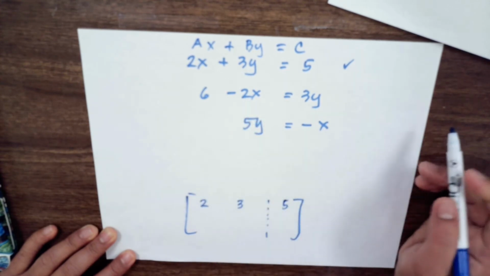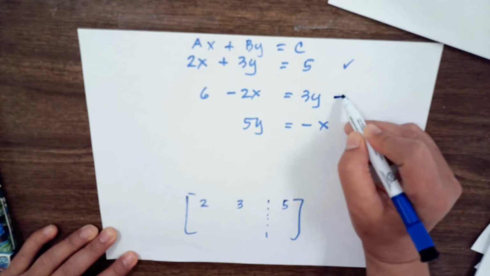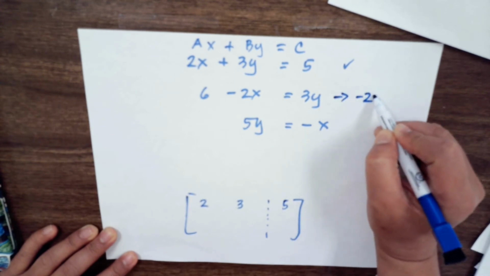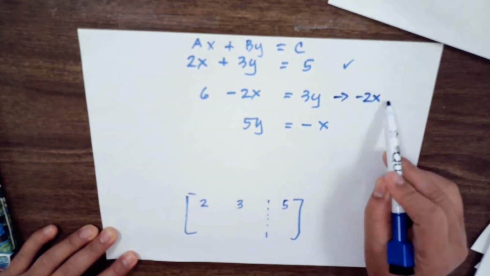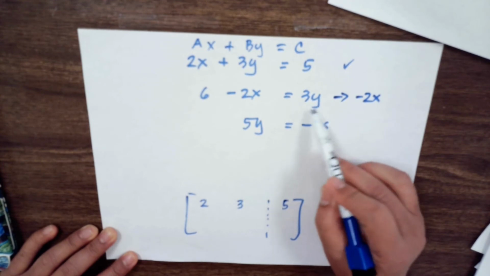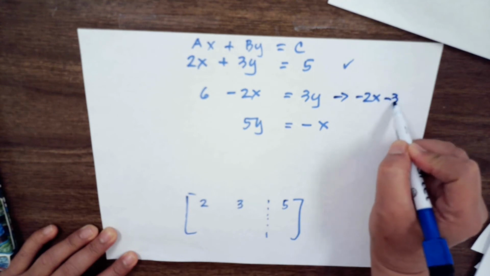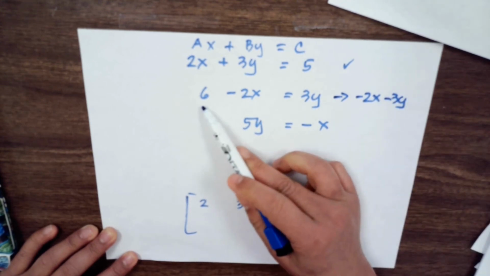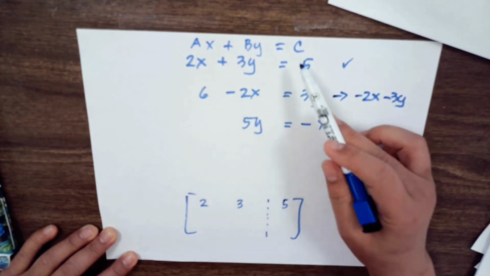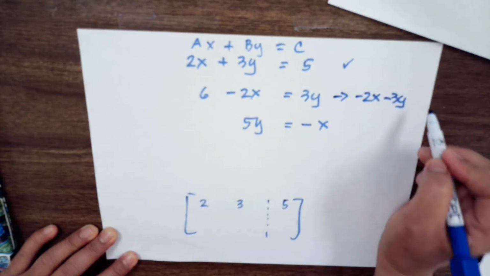Since it's already in its proper position, you will not change anything, so you put 2x. Then you want the y term, but it's on the other side of the equation, so you change the sign only. Put as negative. And 6 is also not in its proper position because that's your c, so you also change the sign.